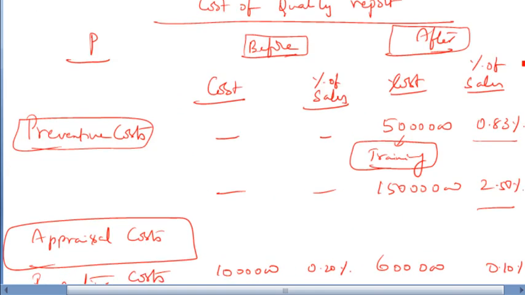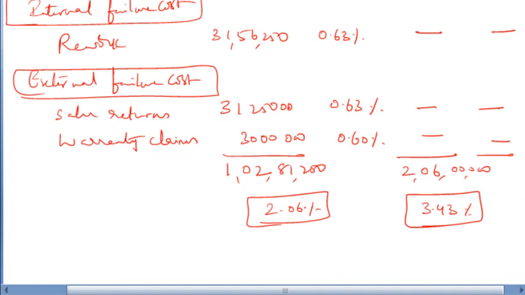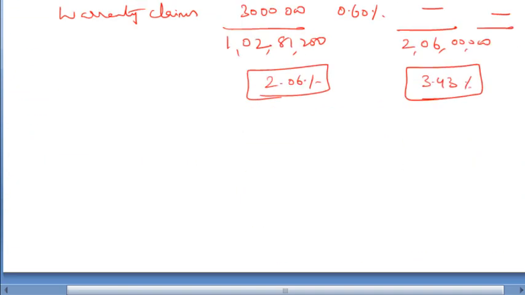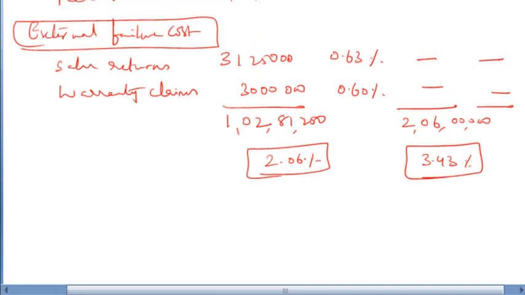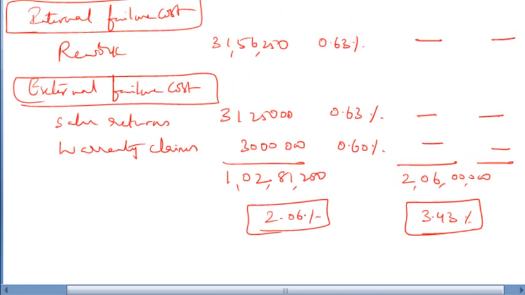As you can see, this is the final framework. Cost of quality report before and after, right? So cost of quality is 2.06% of sales, of which if you can really observe, 1.23% alone is external failure cost.